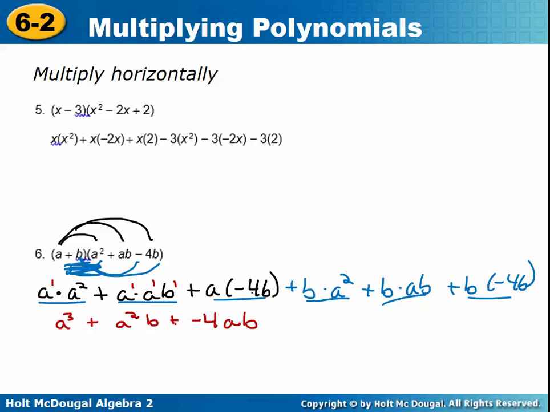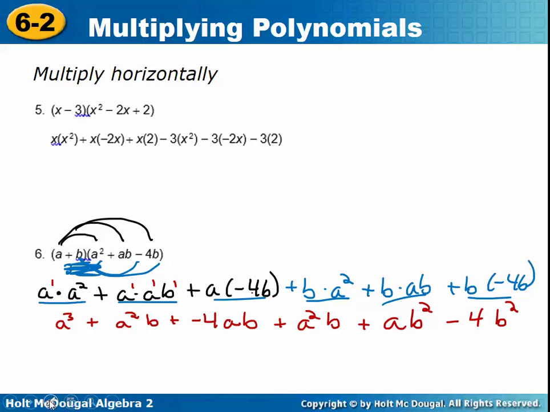Instead of plus negative 4, you can just write minus 4. This next one is already simplified, but I'm going to rewrite it in alphabetical order: 1A, and B times B is B squared, so AB squared. And this one I'll write as minus 4, B times B is B squared.